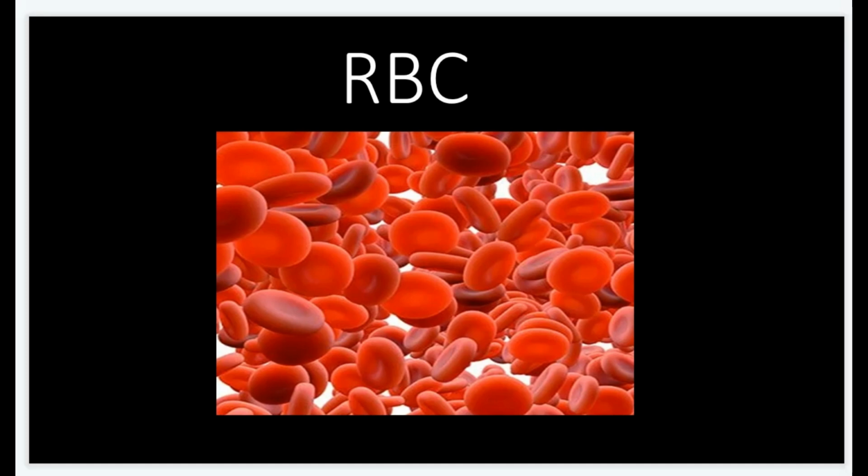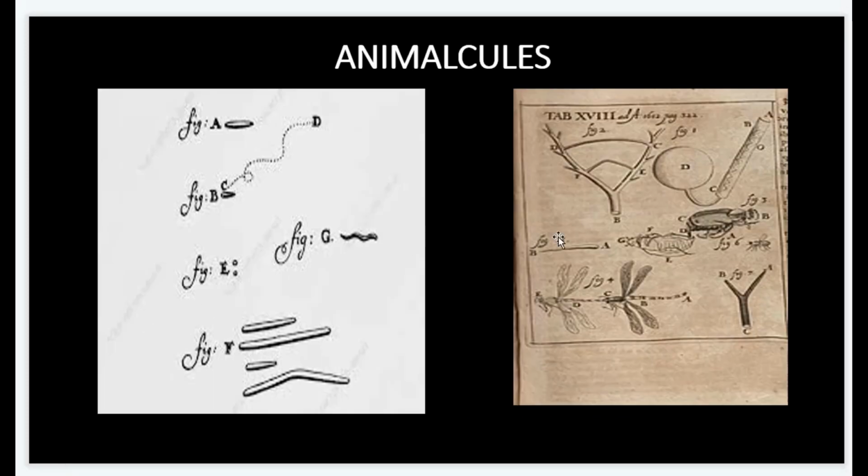You can understand, 10,000. They were too small, looked clumsy, and were moving like this. So he called them living animalcules, because they were moving like animals.